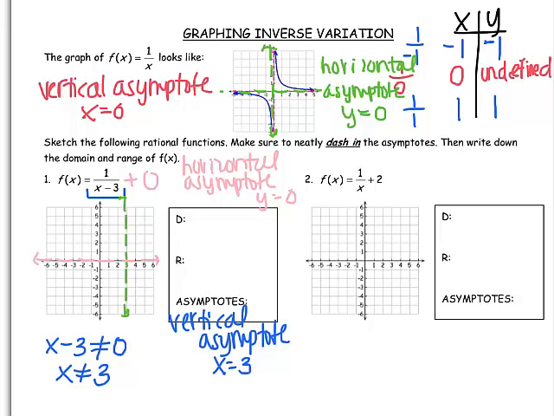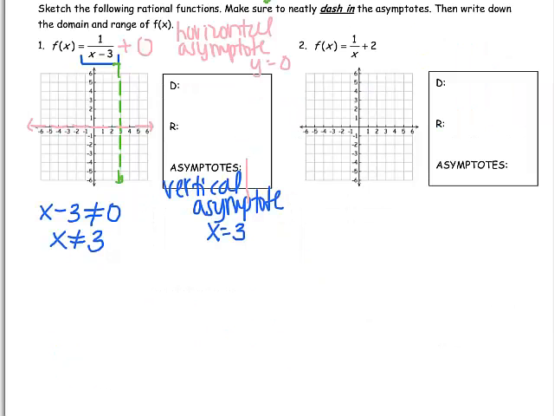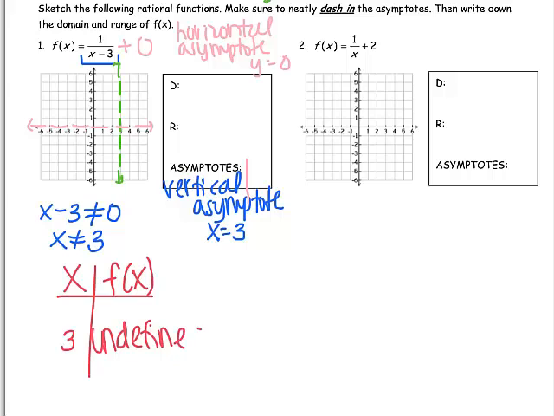So now we're going to plot some points. I'm going to make a little table. I know that plugging in 3 is going to give me undefined. So I always like to put that on my table first, because I'm going to base my other points off of that point. We're going to plug in 2 and 4, just surrounding that vertical asymptote.